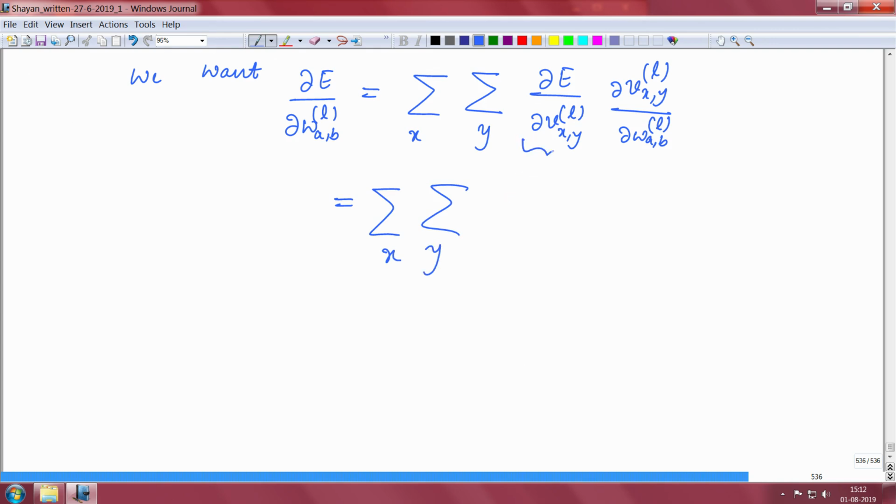So, this term is again delta x comma y at nth layer, and let us substitute for v of x comma y at nth layer as before.